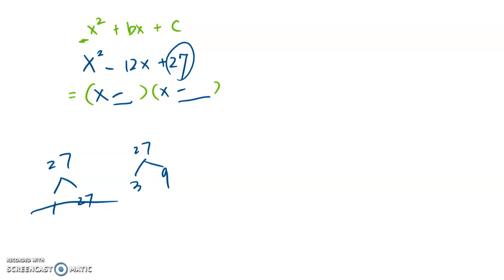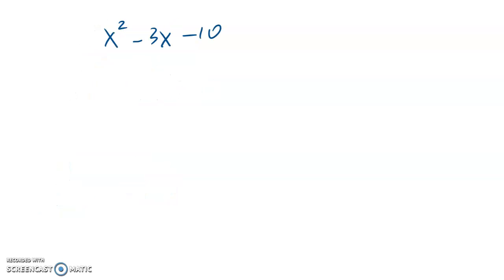So they must be negative 3 and negative 9 so that they add up to be negative 12. So the two numbers we're looking for are negative 3 and negative 9. Check again. They multiply to be positive 27 and add up to be negative 12. And that's the result of factoring.